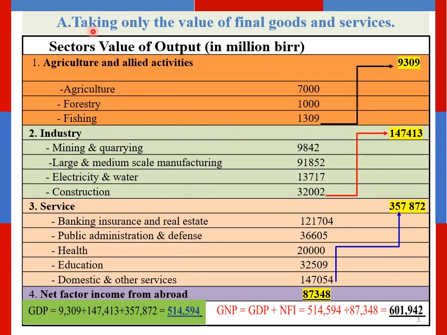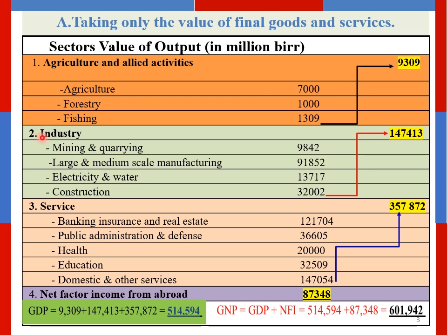That is, we see the first one is taking only the value of final goods and services. Here we have three sectors: agriculture and allied activities, industry, and service sectors. Under agriculture and allied activities, we have agriculture, forestry, and fishing, and the value of agriculture, forestry, and fishing is given here. When you sum up those numbers, you can get 9,309.